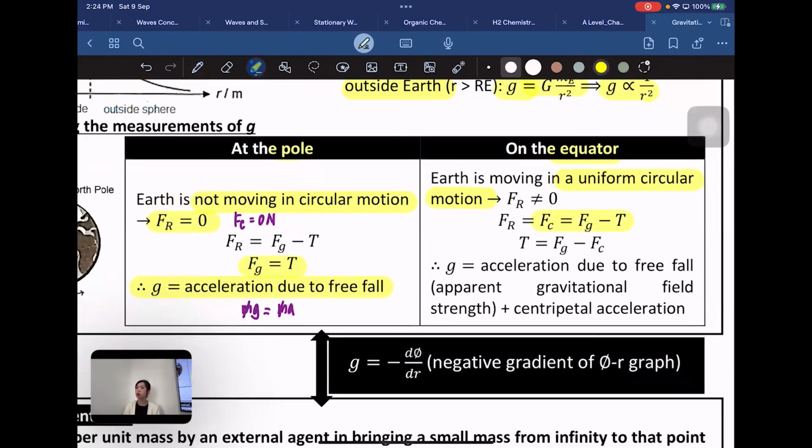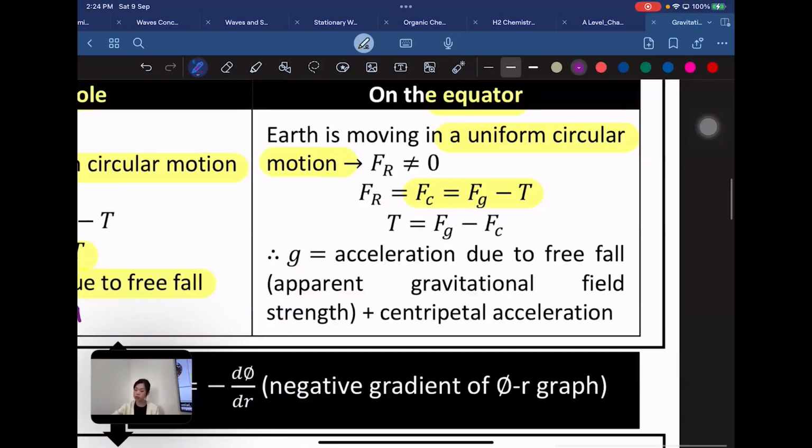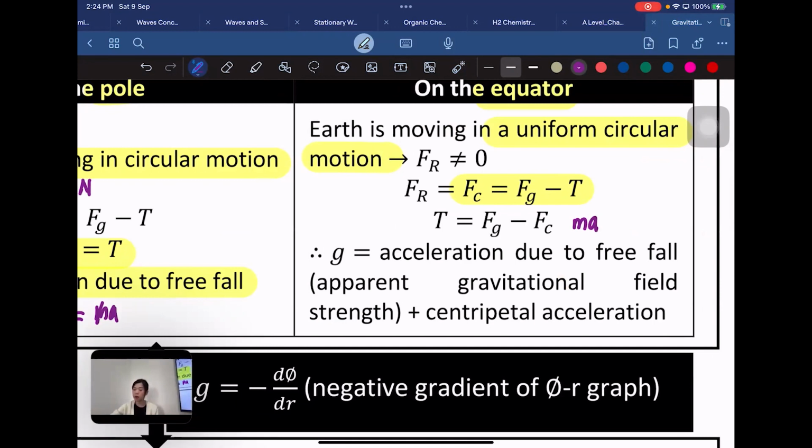So to find my apparent acceleration, my tension is equal to Fg, your weight, minus Fc, the centripetal force. If I were to substitute the formulas here, it means ma, my apparent acceleration, equals mg minus mac, the centripetal acceleration. So cancel away my mass. What does that mean?